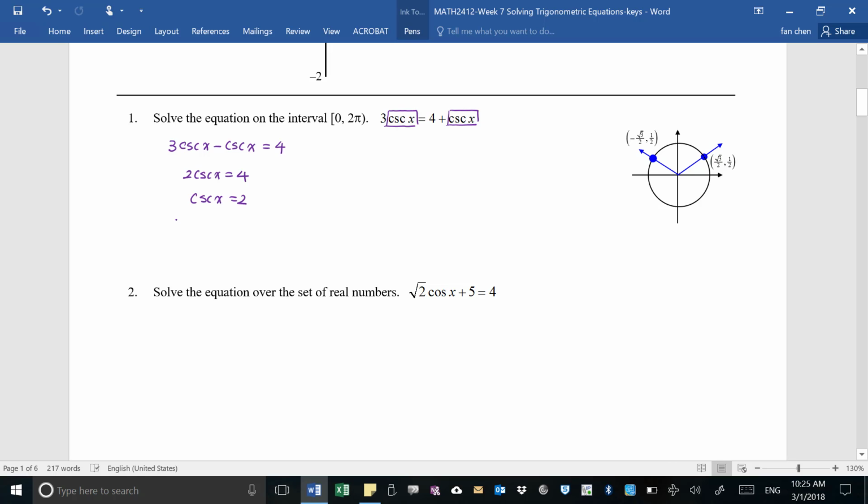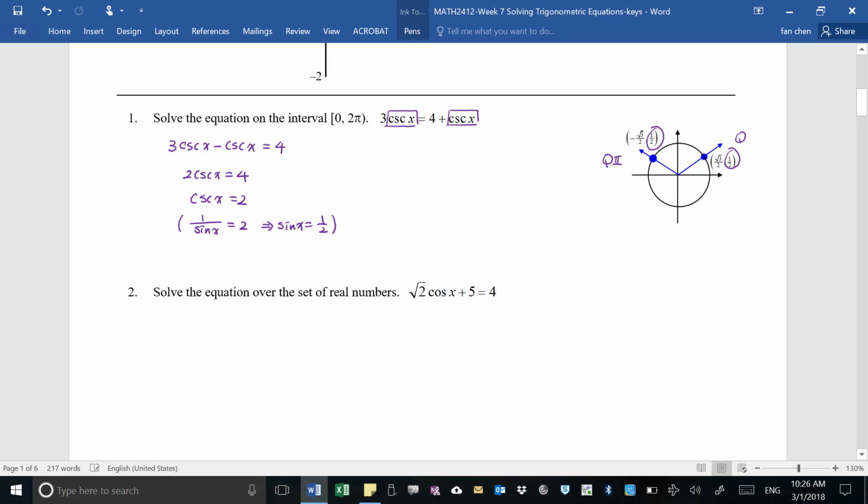If you recall, cosecant is the reciprocal of sine. If you don't remember the cosecant's special values, that's another way. That means 1 over sine x is equal to 2, which means sine x is equal to 1/2. From here you can see sine x equal to 1/2 has two values, in the first quadrant and second quadrant.